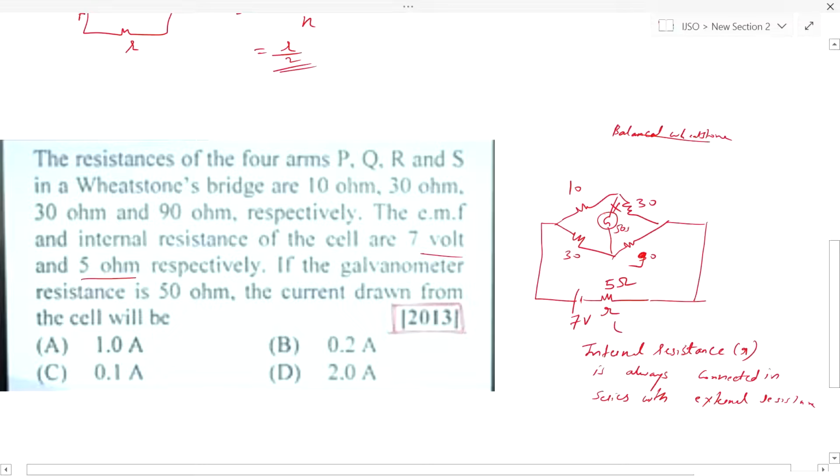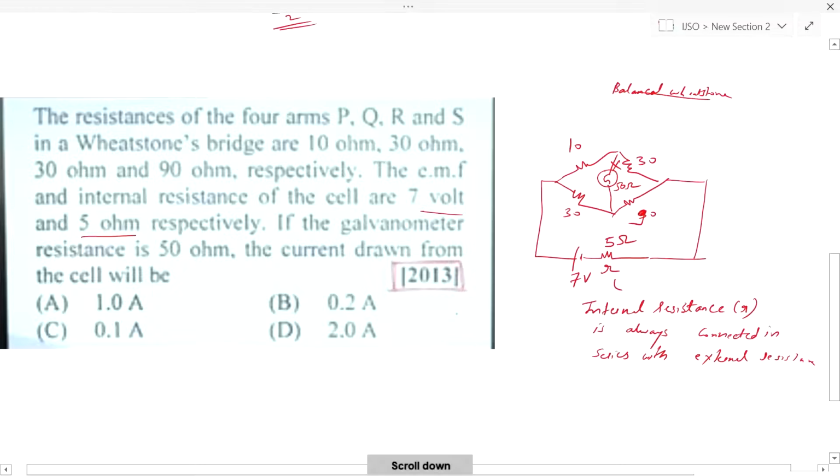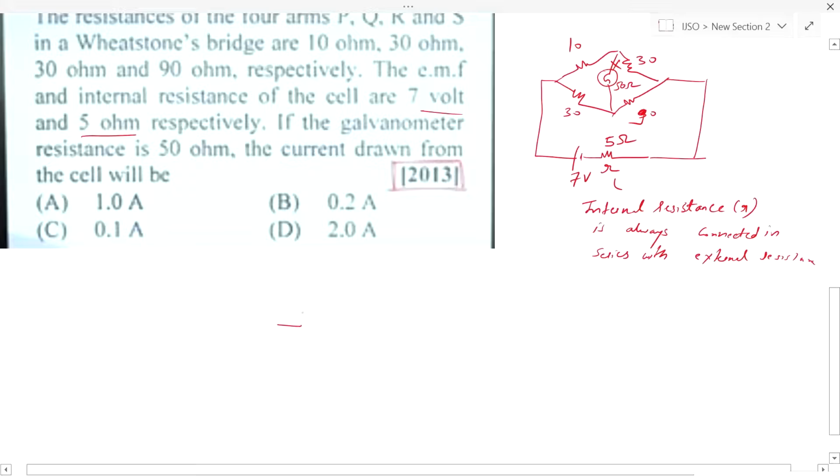This is 50 ohms. This is 40 ohms and this is 120 ohms. So this will be the simplified circuit.